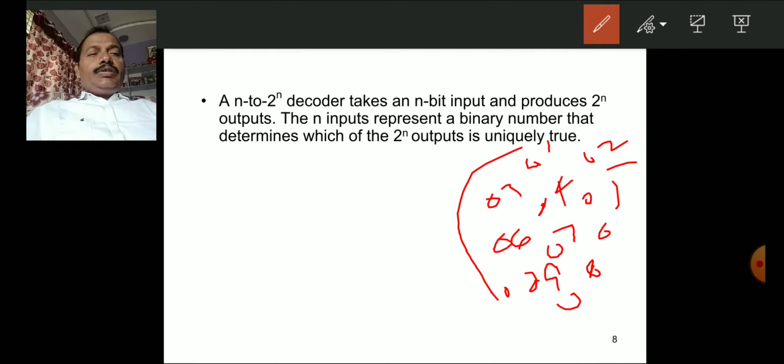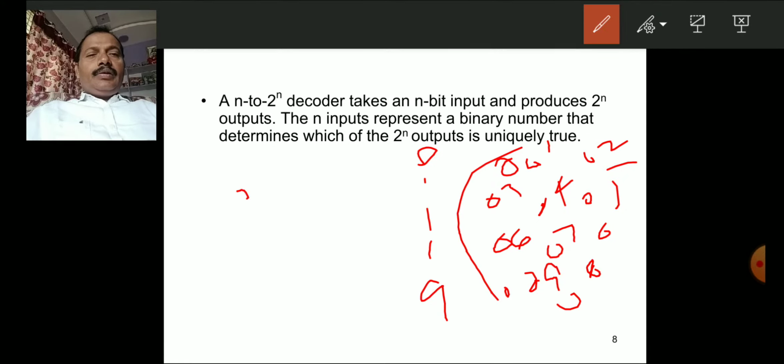So 10 houses are numbered 0 to 9, so each number starts from 0, 0 to 9. That means with one digit you can identify one of 10 houses. How?